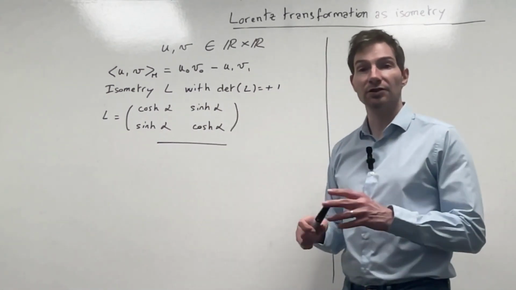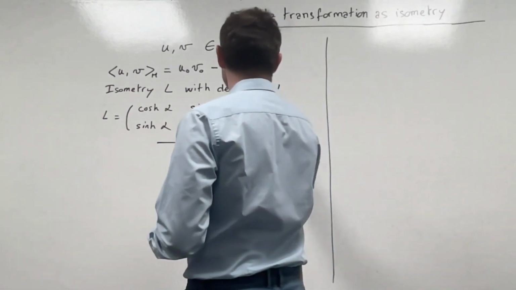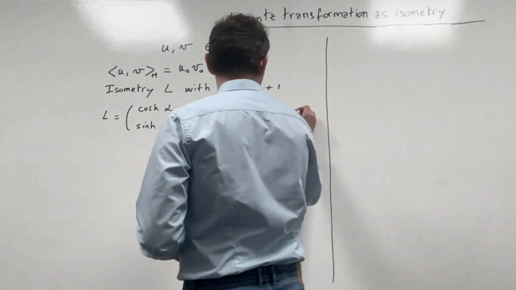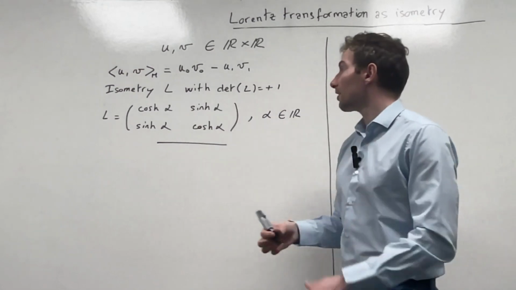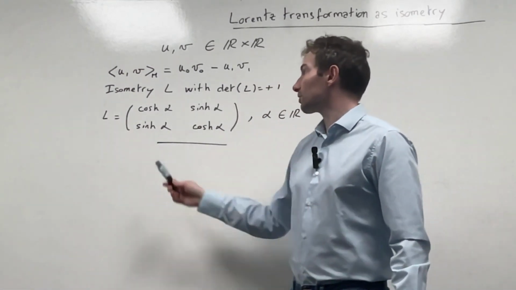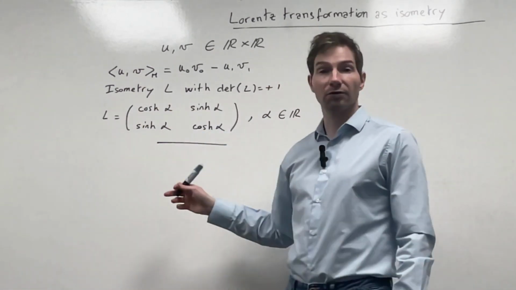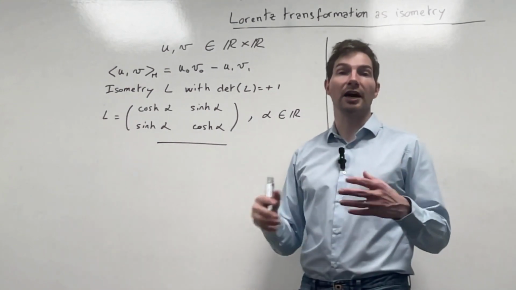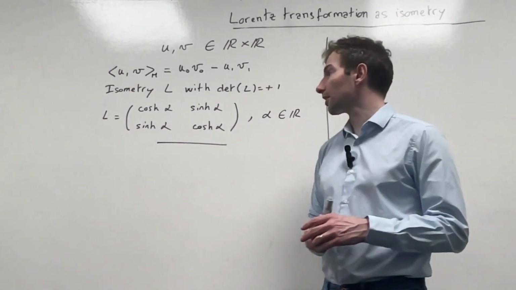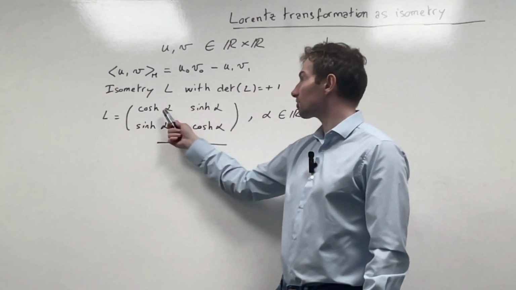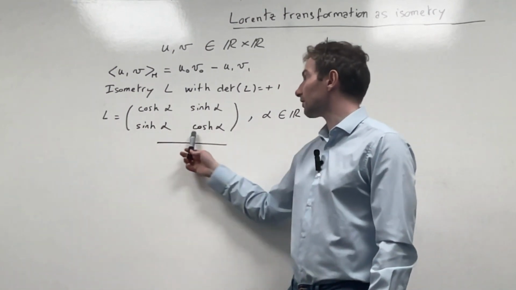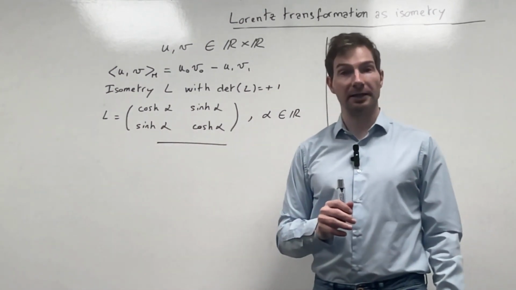And what we had found is that if you have some alpha that belongs to the reals, then L, this matrix, is going to have this particular form and involve basically the hyperbolic trigonometric functions. So cosh alpha, sinh alpha, cosh alpha here.